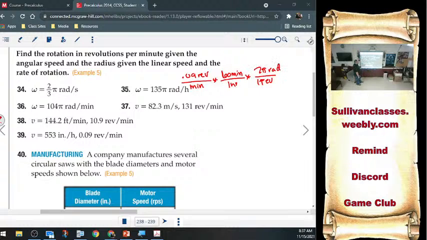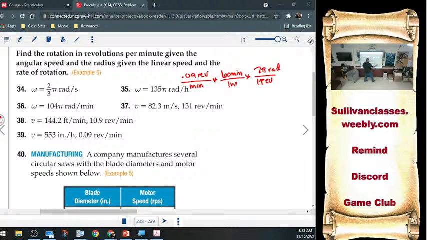So what's that? 120, 9, 12, 108. 10.8 pi? Wait, 2 pi times 360. 1 revolution is 2 pi radians. Definition. 0.09 times 60 times 2.